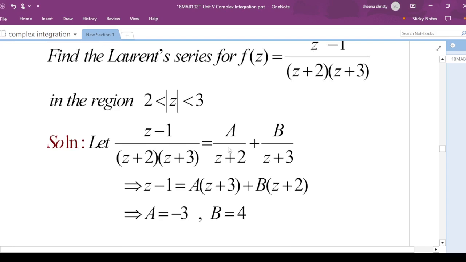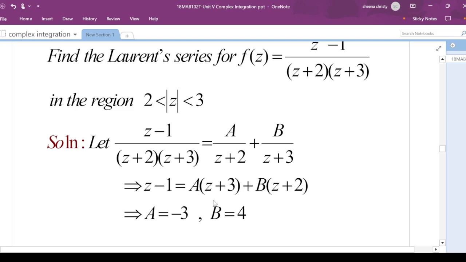First, divide it by making use of the partial fraction method. It can be written as A by z plus 2 plus B by z plus 3, since the power of z is 1. Now, by taking the LCM and cancelling the denominator, you will get z minus 1 equal to A into (z plus 3) plus B into (z plus 2).